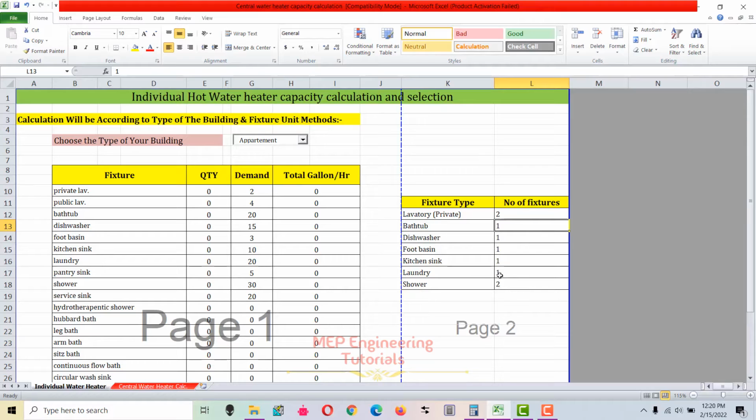So all you need to do is put the values here in the quantity, and it will calculate the total gallons per hour, GPH. So private lavatory, you can see here we have 2, then bathtub 1, dishwasher 1, foot basin 1, kitchen sink 1, laundry 1, and shower 2.